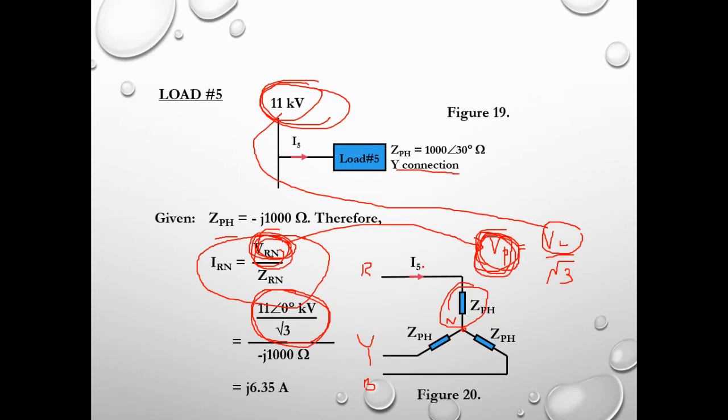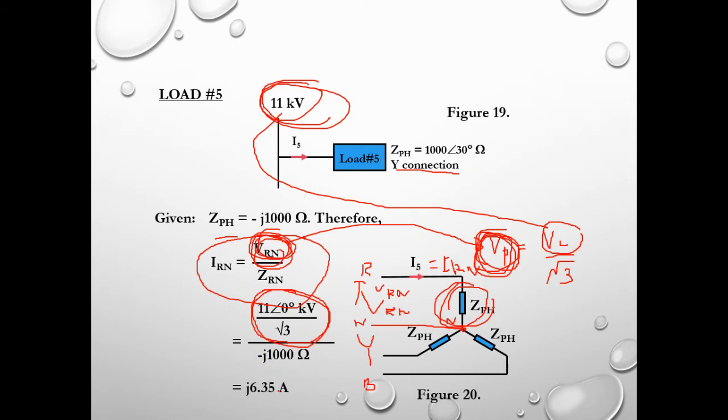So I5 is equal to I, and here we have VRN at this point N, over ZPH, minus j 1000 ohm.